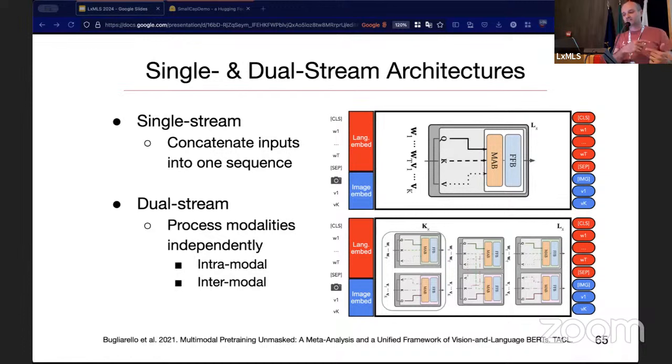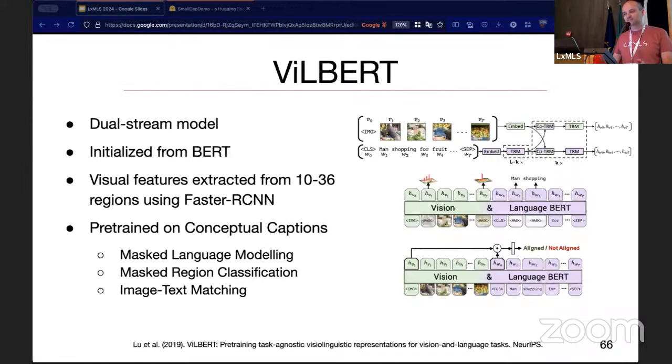And then researchers developed representations and structures in the model where the models would transfer features across modalities and then go back to doing within modality representation learning. And these would be stacked over and over L different times. So what did this look like in practice? One of the first models here was called ViLBERT, which was a dual stream model.